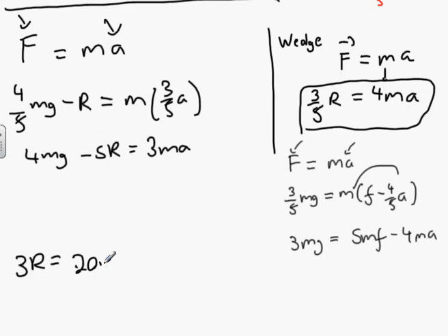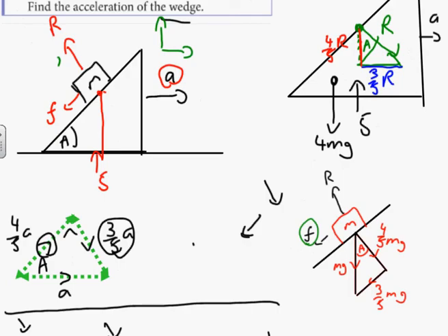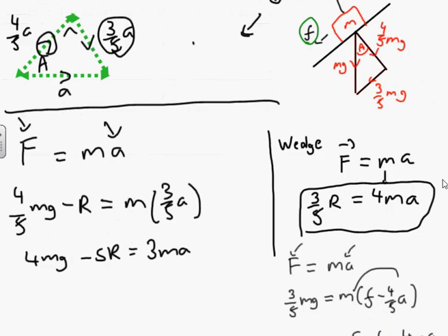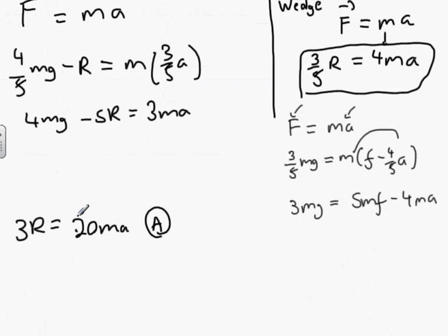That's equation A. In this question, guys, we only have to figure out the acceleration of the wedge, so we don't need to figure out F. All we need to do is plug the R value directly up here. So we'll know that R equals 20 ma over 3. So put it into that equation there.